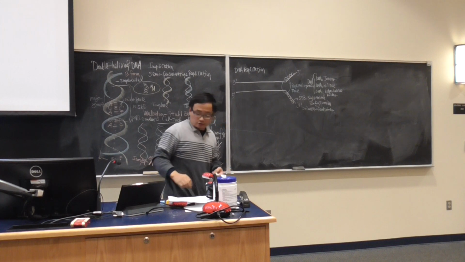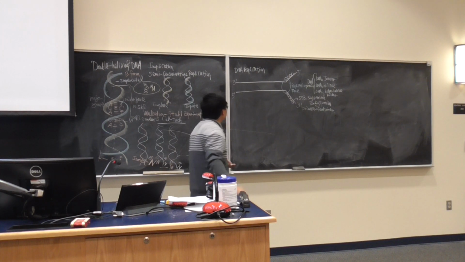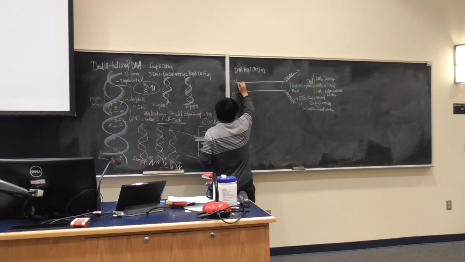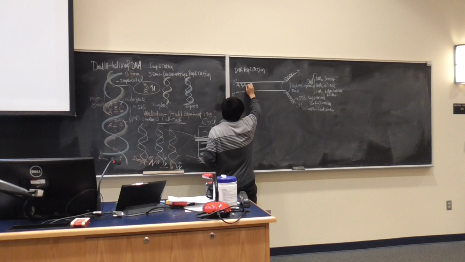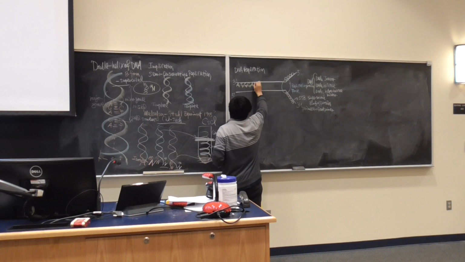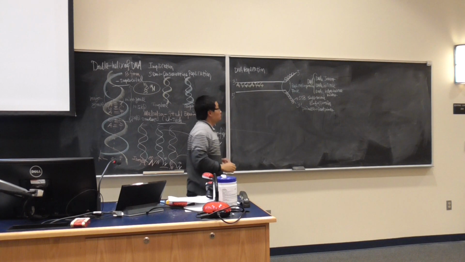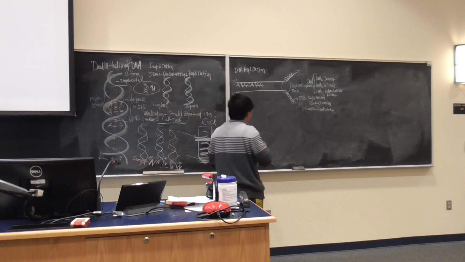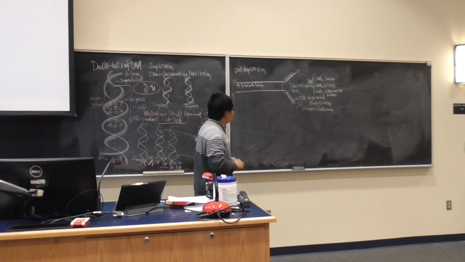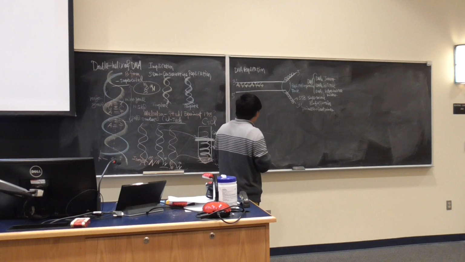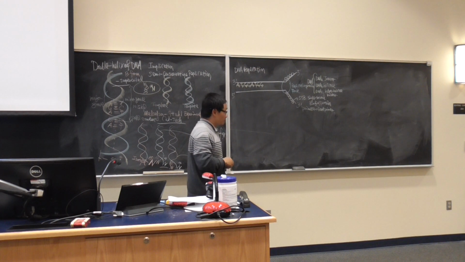So let's give an example. I add a phosphate, G phosphate, C phosphate, A phosphate, T phosphate, G phosphate, and C phosphate. This is 3' to 5', we know that.